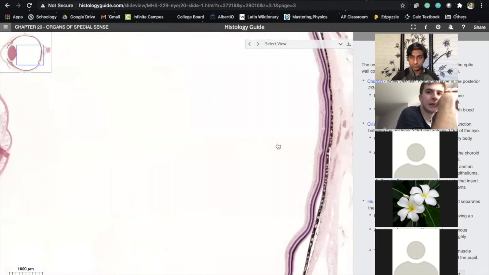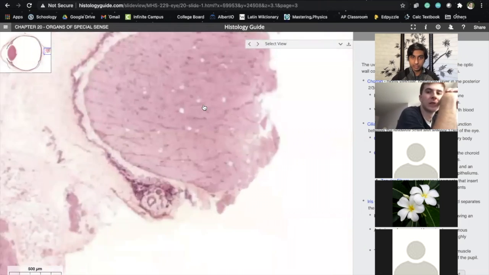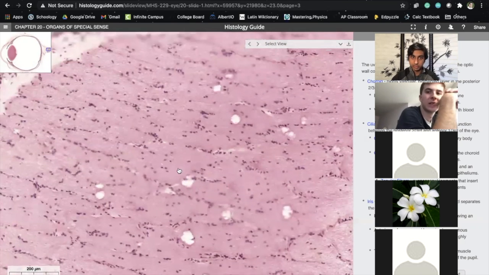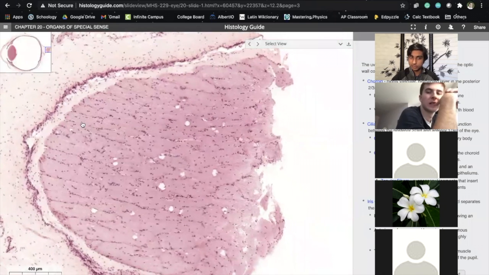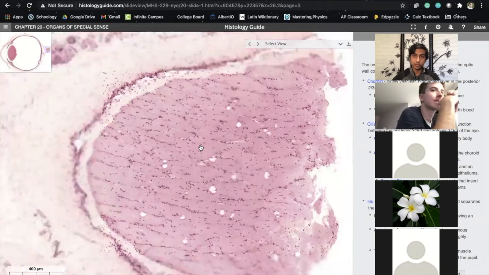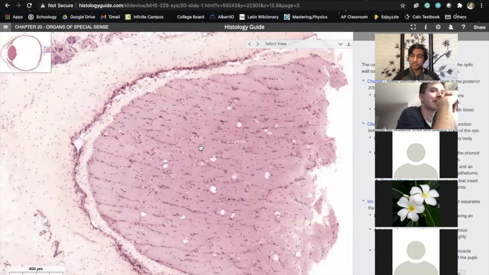And then one thing I also want to show you is this optic nerve in the back here. Notice how all the cells line up and are directional in a sense, as opposed to our liver sample, where it was kind of hodgepodge, all on top of each other. So think about what the optic nerve is.